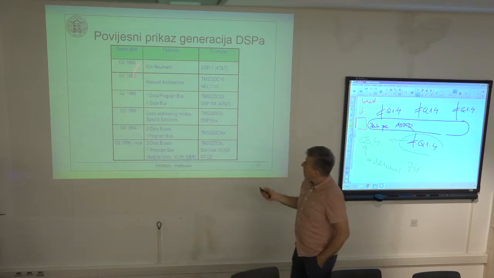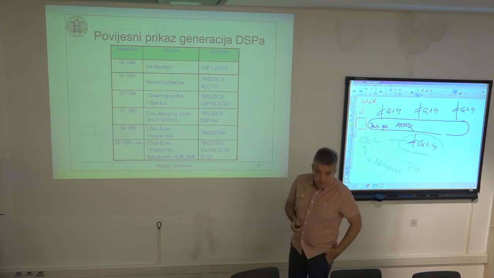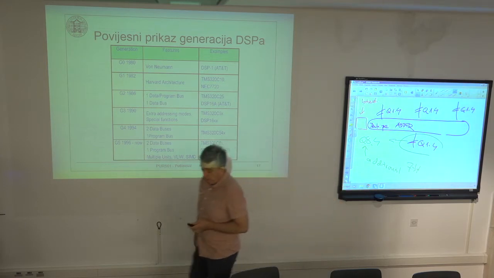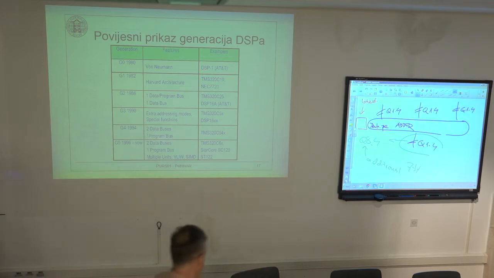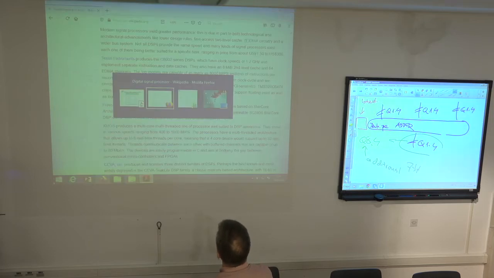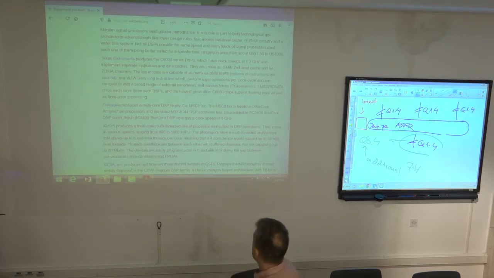Then, going back to the presentation, we can say a few words about the history of these DSPs, how they were introduced. I have already opened here a Wikipedia web page.